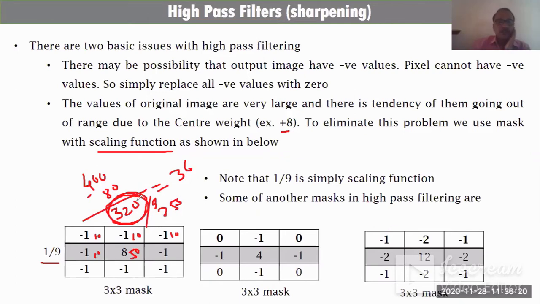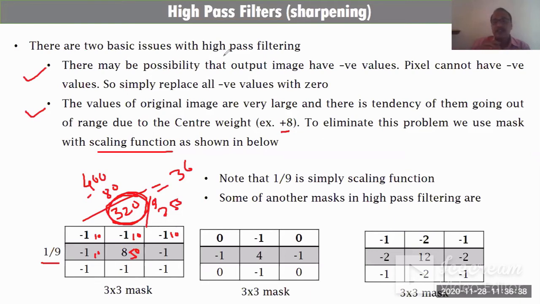So these are the two issues related to the high pass filter. One issue is that the output value may be negative. What is the solution for that? If the value is negative, you can replace it with 0. This is first.